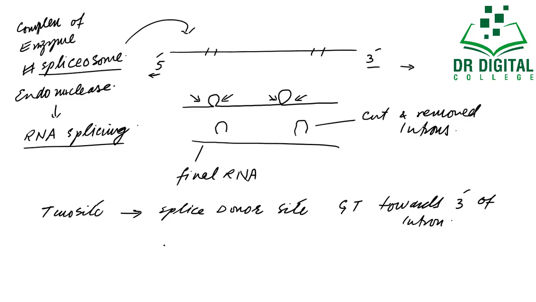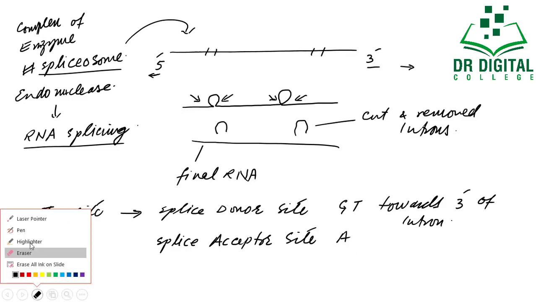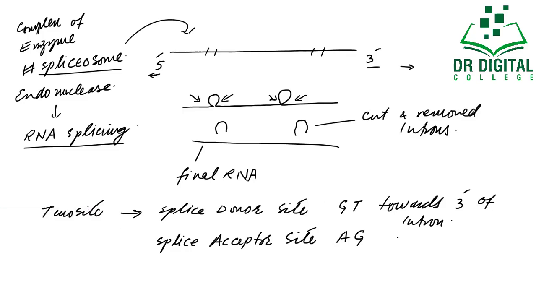Okay, and there is the splice acceptor site. This is ending at AG, sorry, not AT, this is AG. This is towards the 5' of the intron. Okay, what is meant by this splice donor and splice acceptor site?